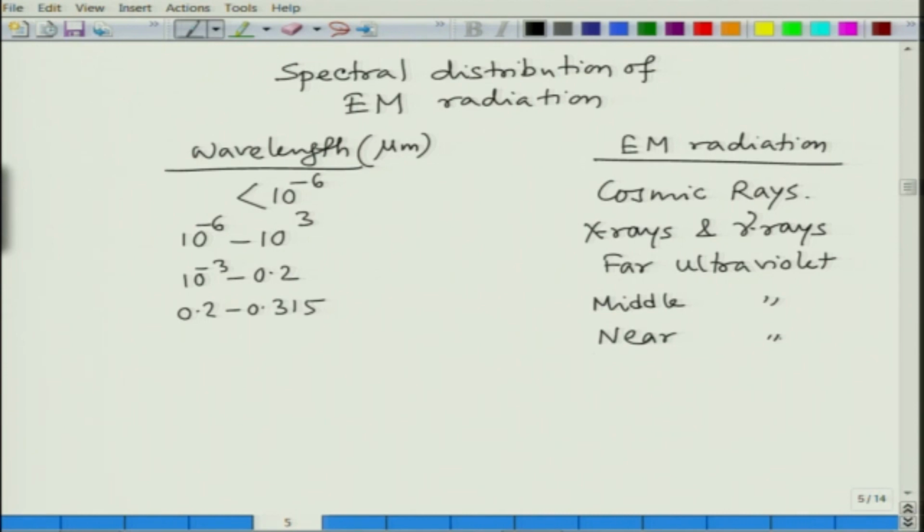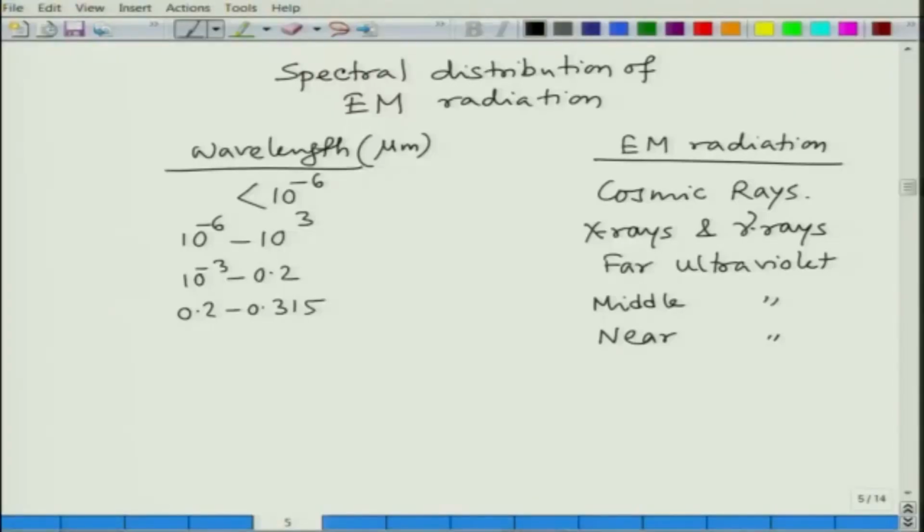All these names the humanity has invented, because our reference frame is our eye, right. Whatever we can see, that is the reference frame we fix, and whatever is close to it we call near, and then a little far, middle and all those things. Okay. But nature does not know which one is the reference frame. Okay. So, on an absolute scale these naming conventions do not mean much.